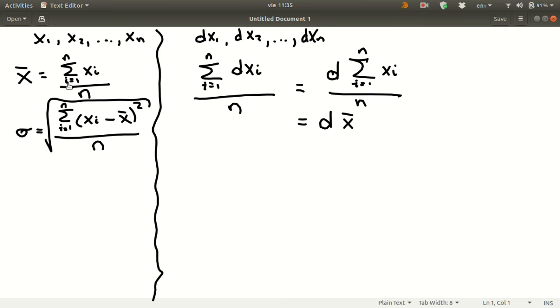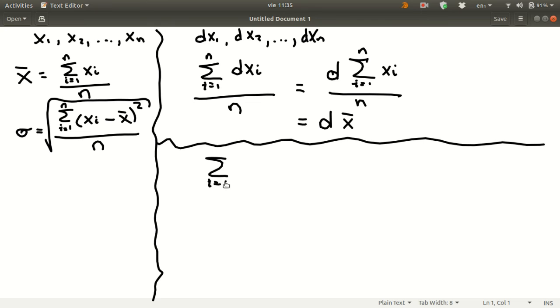Okay, now let's look at what happens with the variance and the standard deviation. So let's calculate it. Again, we're going to take the sum of all of my data members. And now we have d x sub i minus d x bar, which is the new mean for the transformed data, to the power of 2 over n.